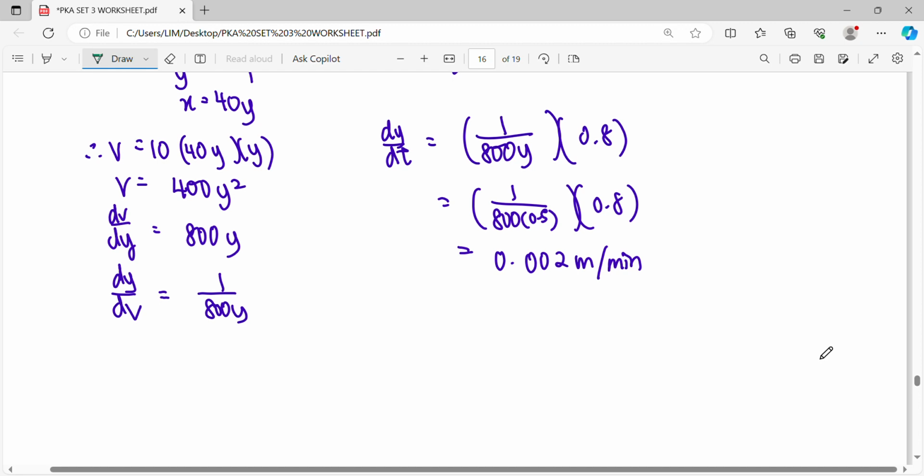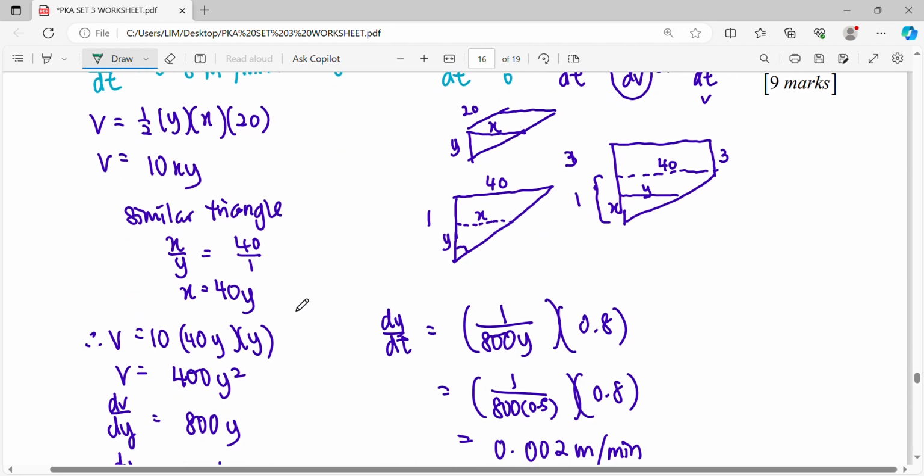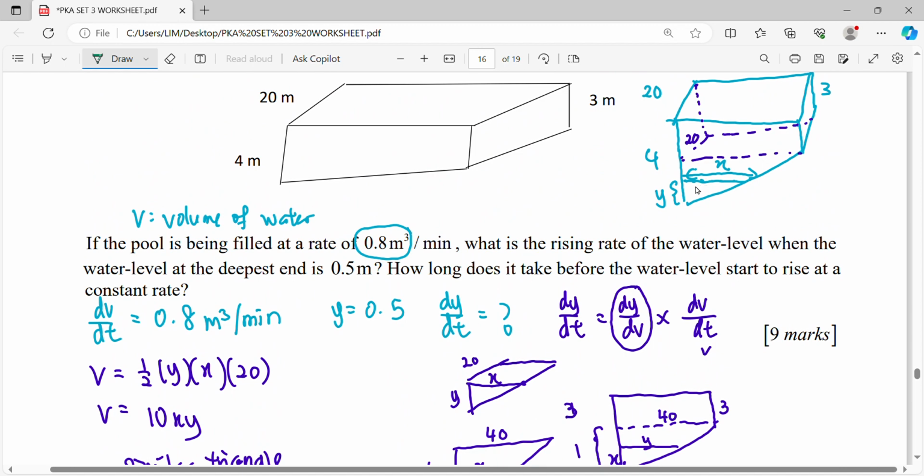For the other part of the question, they ask how long it takes before the water level starts to rise at a constant rate. Imagine when your water is rising, y is still changing, but until this part, your x will be constant already.